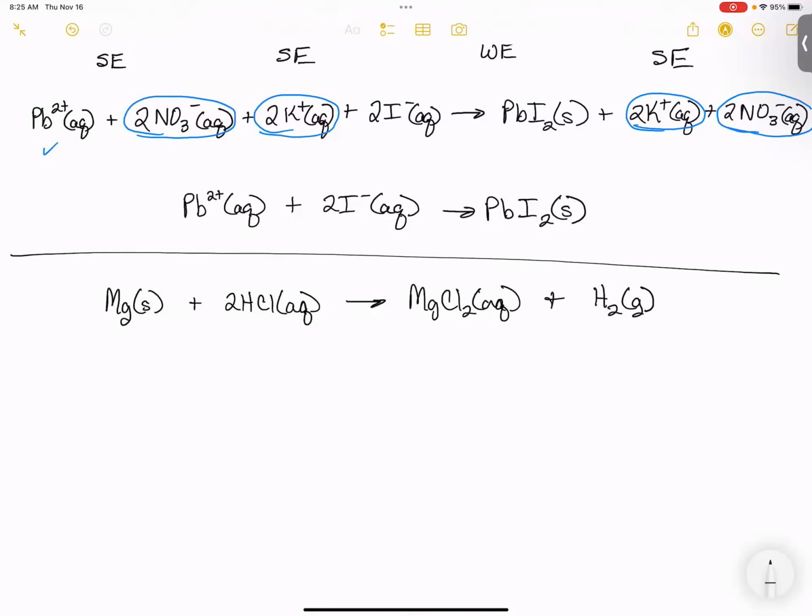We can write complete and net ionic equations for this as well. It's not a precipitation reaction, but we can get to the complete and net ionic. We're going to do the same thing. We're going to ask ourselves, what type of compound is it? Is it a strong electrolyte or a weak electrolyte or a non-electrolyte?